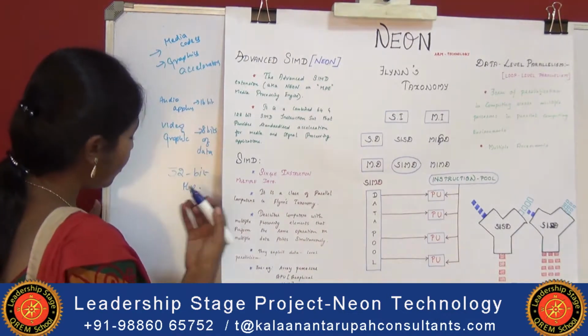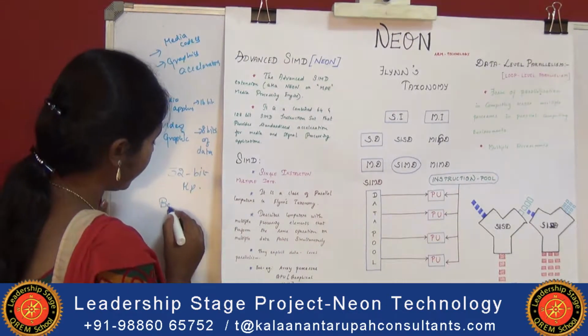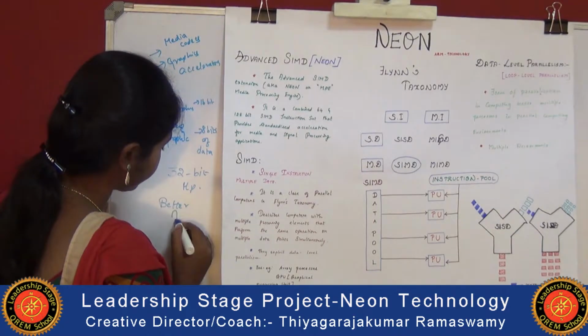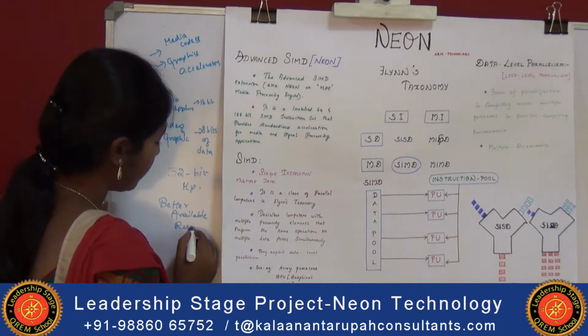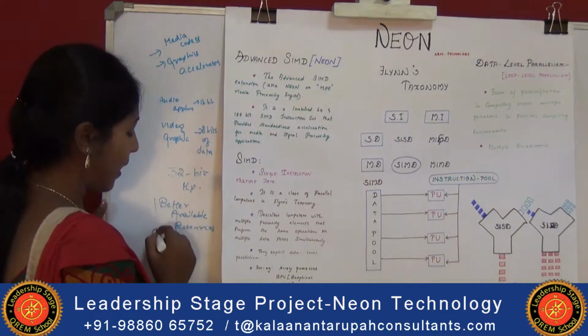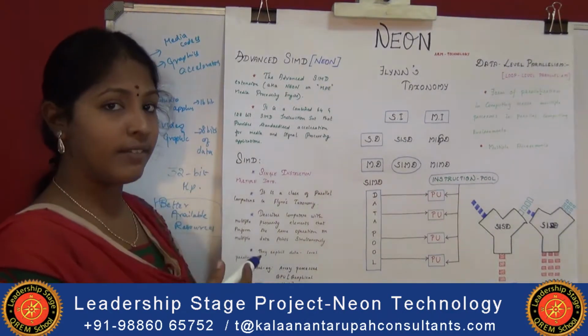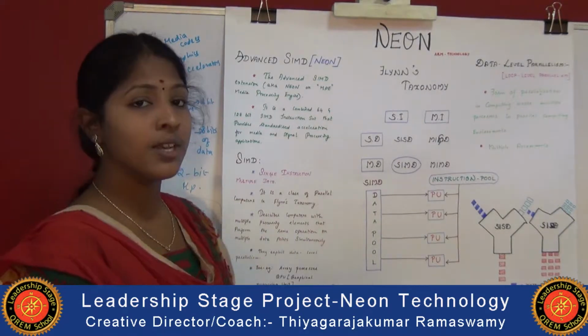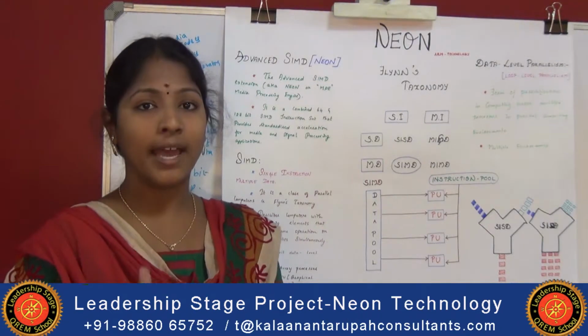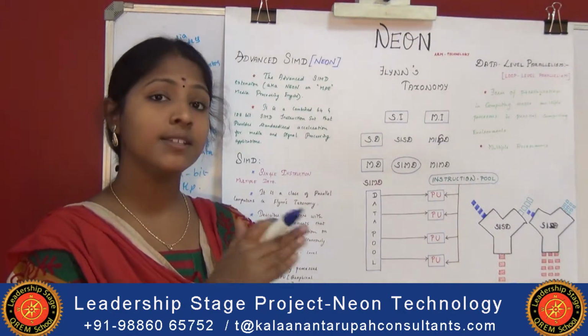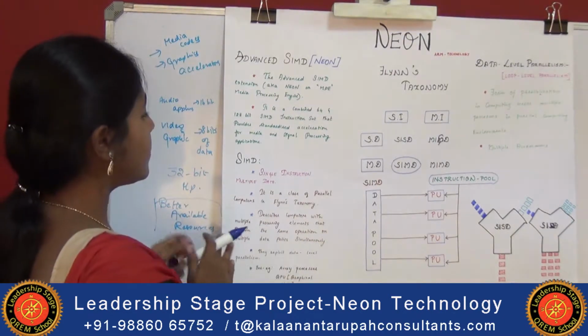So in order to make better use of available resources, SIMD technology uses only a single instruction to perform the same operation in parallel on the same type and the same size. That is the main thing in SIMD.